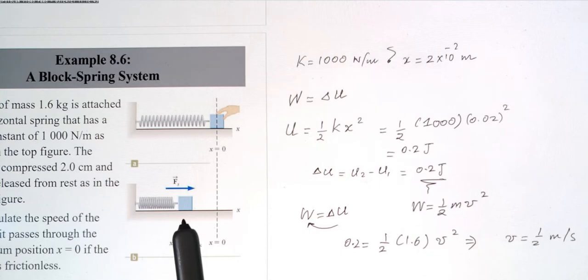What will be the speed direction? Left to right or right to left? Left to right. خلاص, if you want to give left to right a minus sign, give it a minus sign. If you want to give left to right a positive sign, give it a positive sign. Okay, thank you. You don't need to confuse yourself.